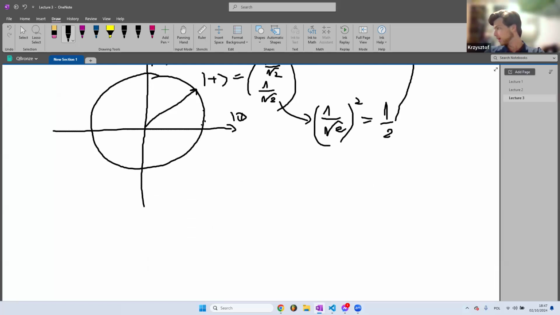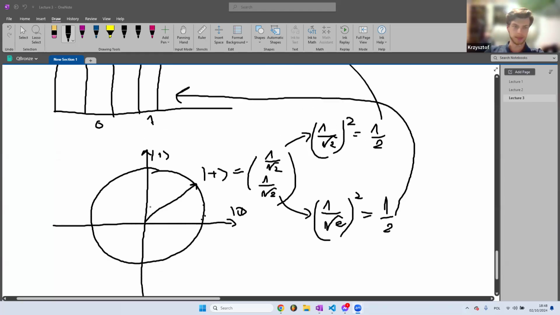Yes, I can now see more of your comments. There are 3 pi over 4, 5 pi over 4, and 7 pi over 4. That's exactly true. So we can also have different states which are here, which will give us exactly the same distribution, because this state is 1 over square root of 2, minus 1, 1.